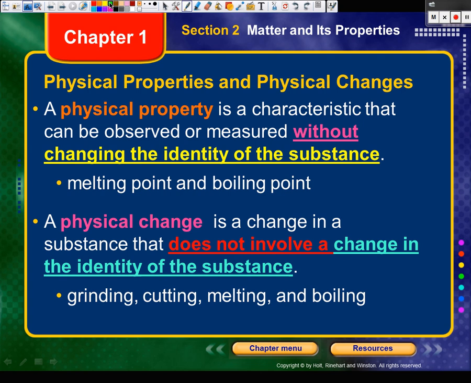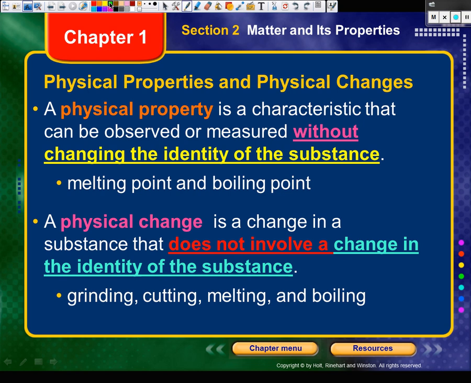You can observe it. Facial hair. So you kind of understand. Those are physical characteristics, physical qualities about someone or something that I can observe or measure. Your height, your weight, all of those things. A physical property is that, but I can do those things without changing the identity of the substance.